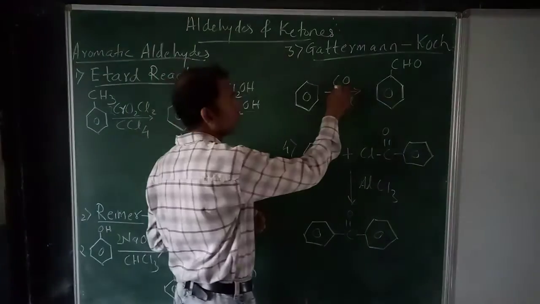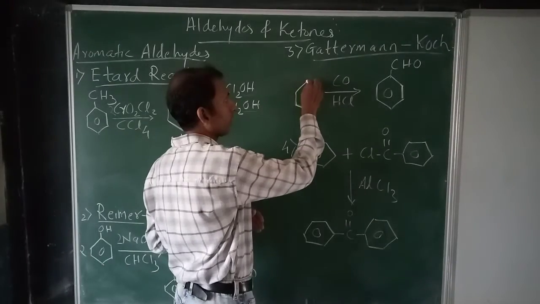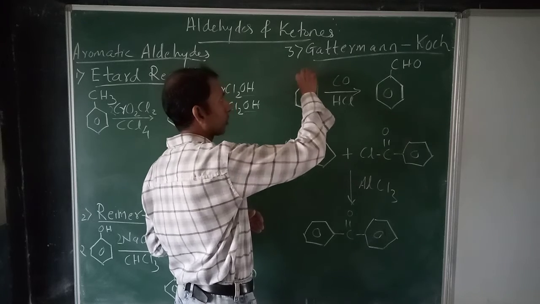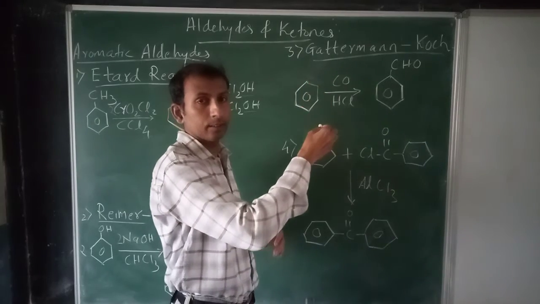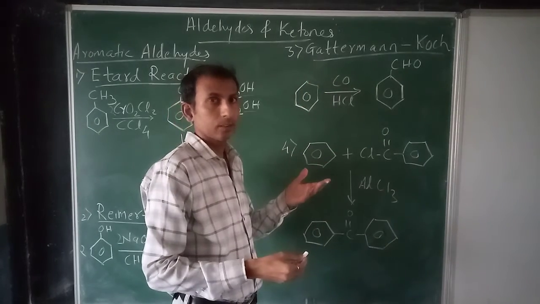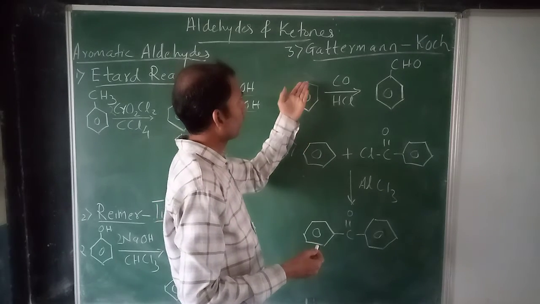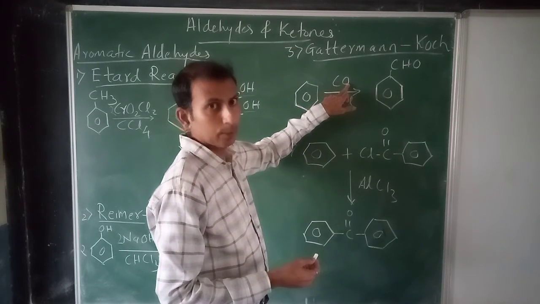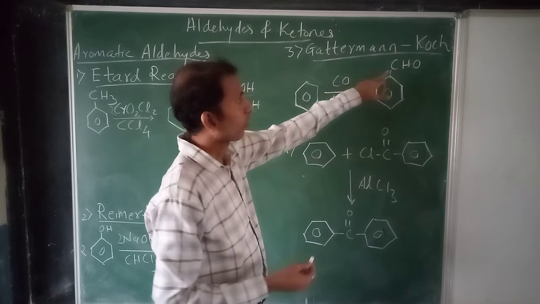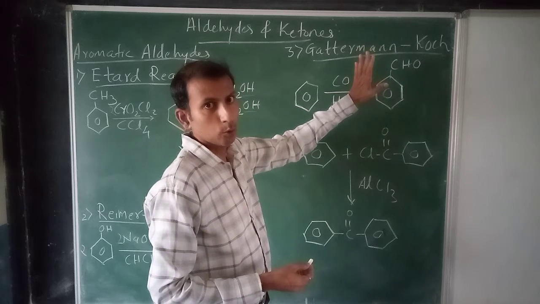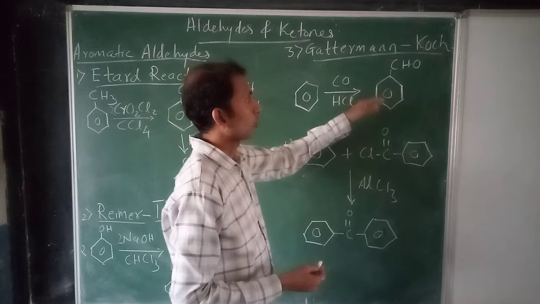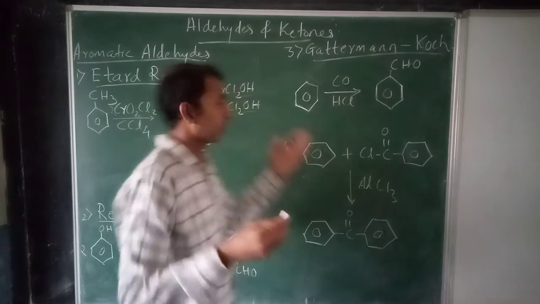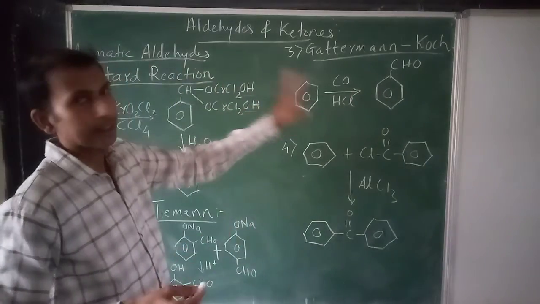So if this group is getting added here, the hydrogen here will be replaced, that will be transferred to the oxygen of carbon monoxide, and that will form which group? CHO group, meaning aldehyde group. So we get benzaldehyde, that is aromatic aldehyde.